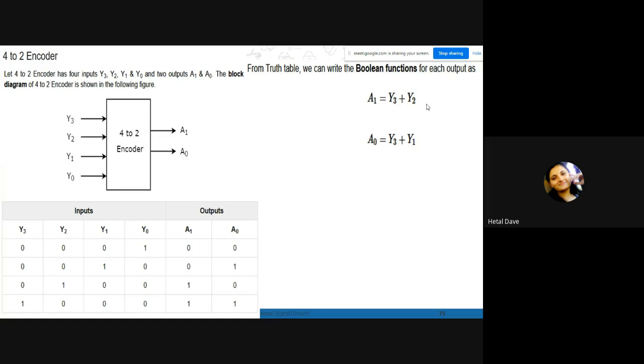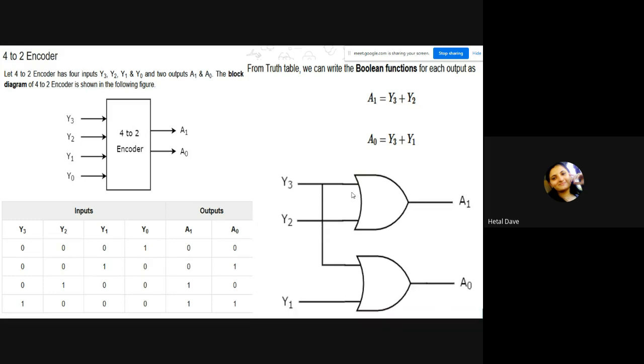If you have any query, you can ask me. Everyone will make the K-map and you need to tell me how A1 equals y3 or y2 and A0 equals y3 or y1 is happening. For it you need to prepare a K-map and I want to see how you make it. Okay, so this is the final circuit.